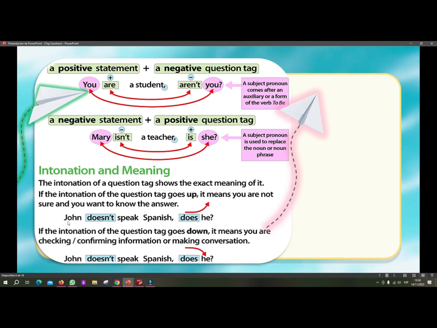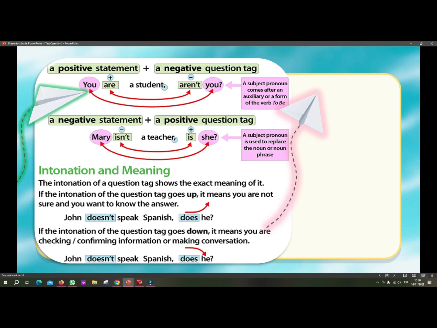So, for example here, John doesn't speak Spanish. Does he? Here you have the intonation; the question tag goes up. Does he? Right? So it means you are not sure and you want to know the answer in this case.